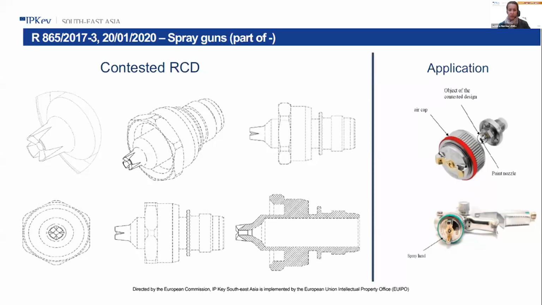The contested RCD is the one on the left, and the earlier design is on the right. In fact, this is part of a paint nozzle. I don't know what you think about the contested design, but it looks pretty technical to me.